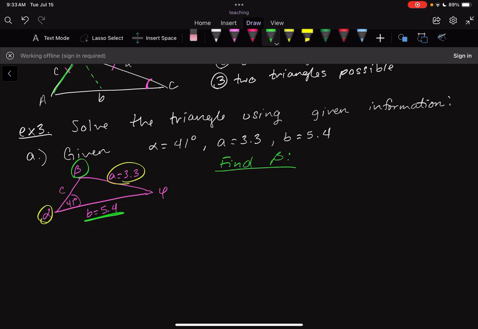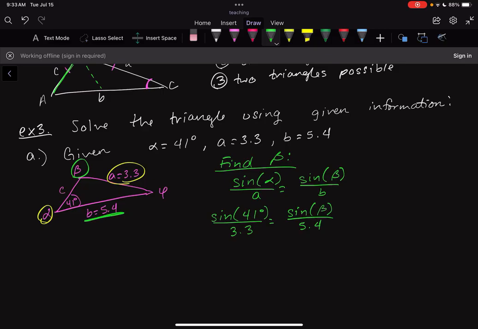This might be a little different in the solving steps because we haven't done one yet where we use law of sines to find an angle. So we're going to do that now. I have sine of alpha over A, and sine of B or beta over B. So I plug it in, and I'm going to go through the steps of solving this.